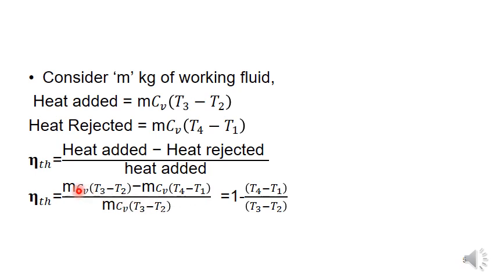So cancel all the m values and Cv values. After simplification, we get 1 minus (T4 minus T1) divided by (T3 minus T2). So this is the thermal efficiency in terms of temperature. If you know all the temperatures, then we can calculate the thermal efficiency of the Otto cycle as 1 minus (T4 minus T1) divided by (T3 minus T2).